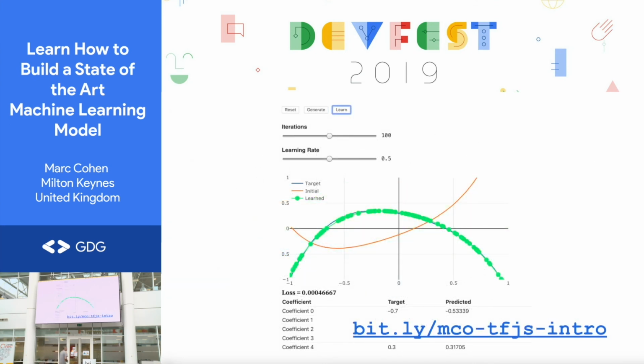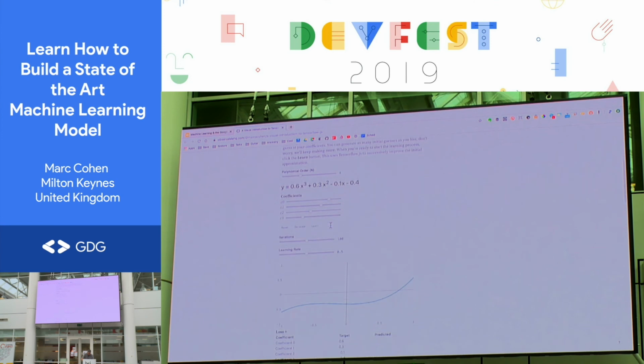This is a graphical way of thinking about this optimization, which I want to show you very quickly. This is a notebook I put together on a site called Observable. You can modify what's called the order, and you can change the constants.